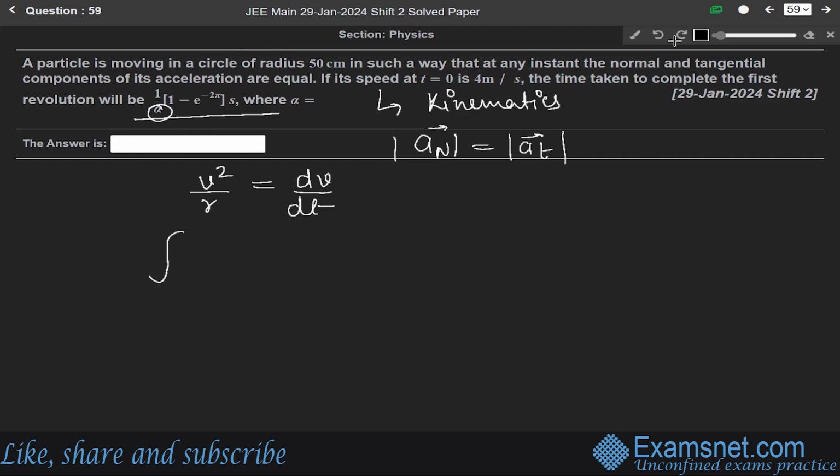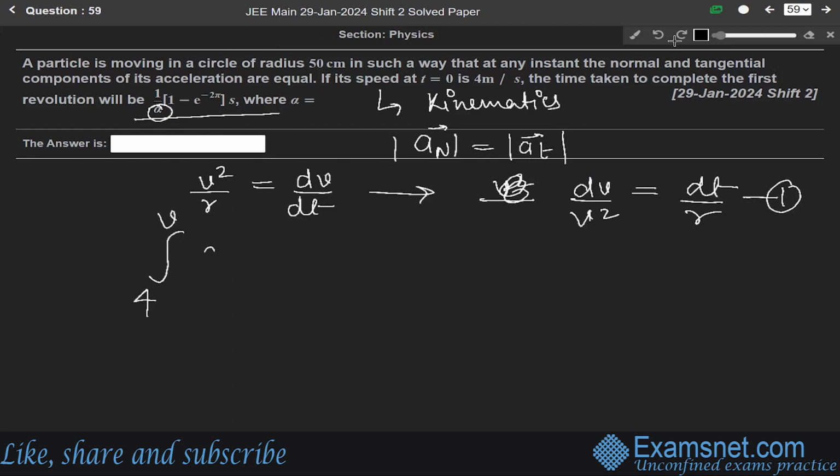Integrating both sides, left hand side and right hand side, we can write it as dV over V square equals dt over R. This is equation 1. Now integrating this equation from limit 4 to V, dV over V square equals 0 to T dt over R.